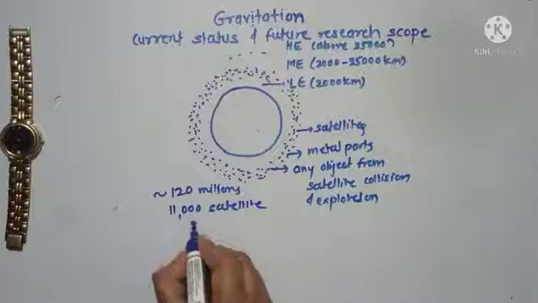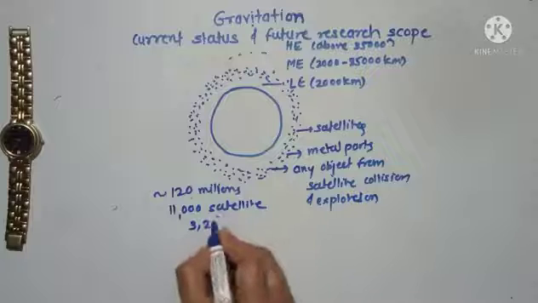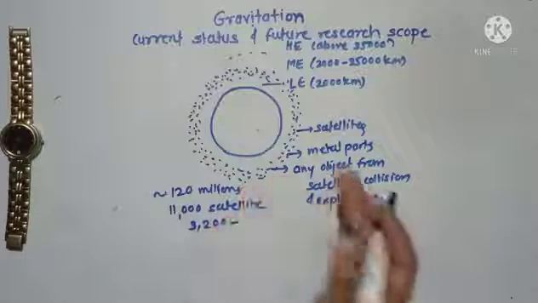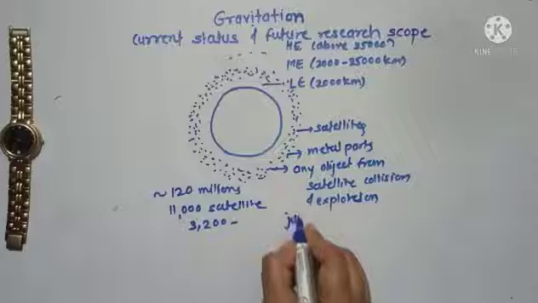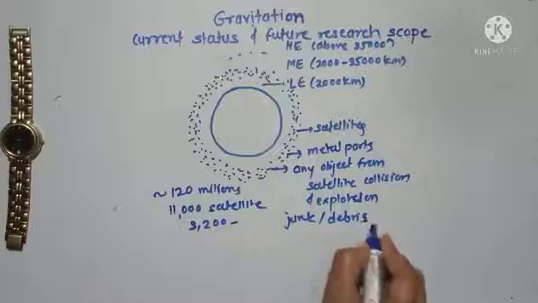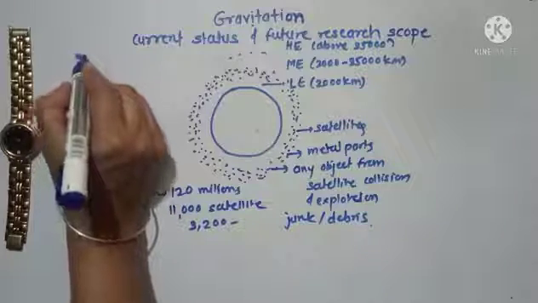Out of these, only 3 to 4,000 are in a working state, and the remaining are just junk, also called debris, which is called space debris.